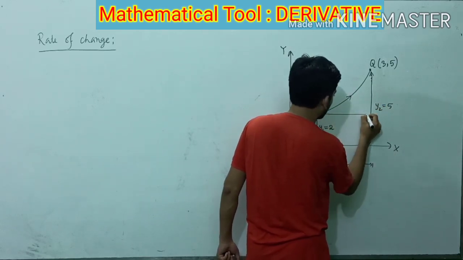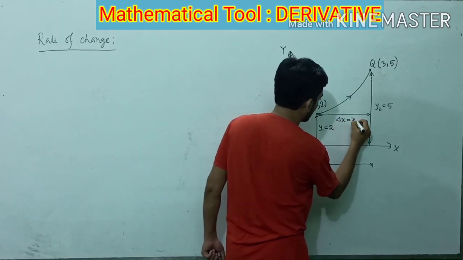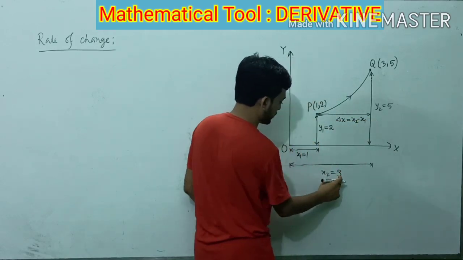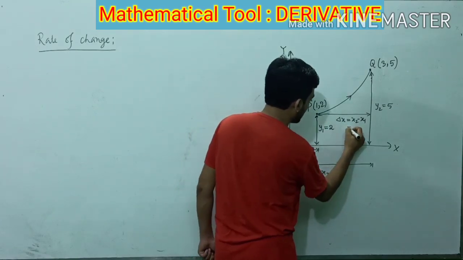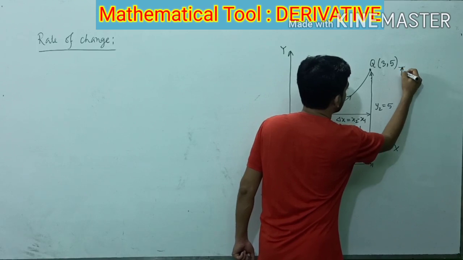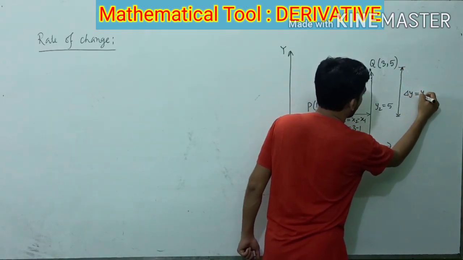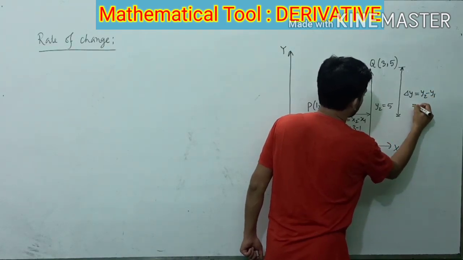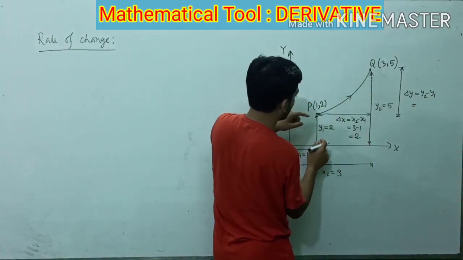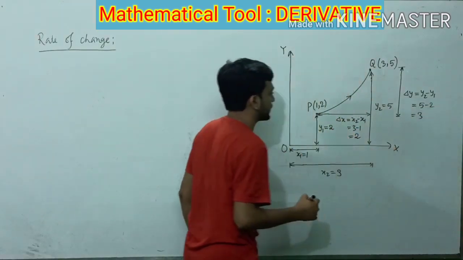So change in x coordinate is del x equal to x2 minus x1. So x2 is 3, x1 is 1, it will be 3 minus 1 is equal to 2, and the corresponding change in y coordinate of the particle is given by del y is equal to y2 minus y1 is equal to 5 minus 2 is equal to 3.